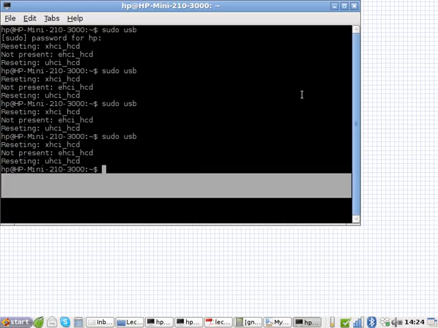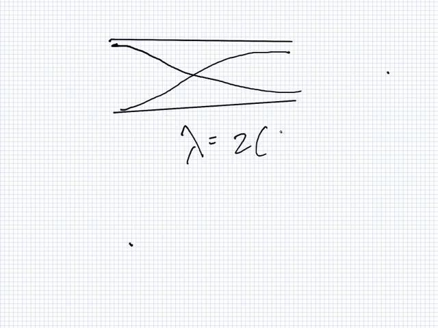There we go. Right, so when it was open at both ends, the fundamental was like this. Like this and like this. Half a wave's in it. So the wavelength will be twice 40 centimeters, that's 0.8.